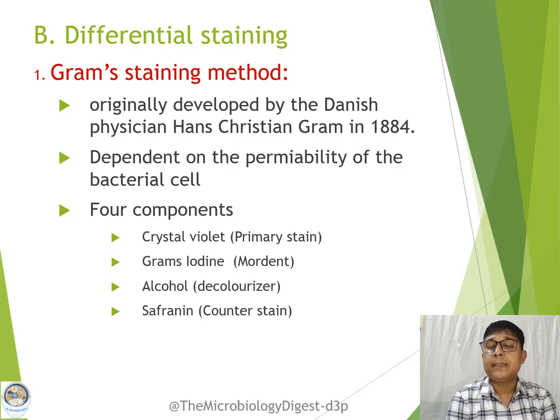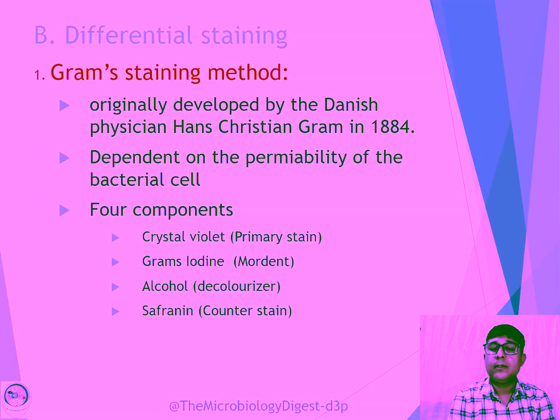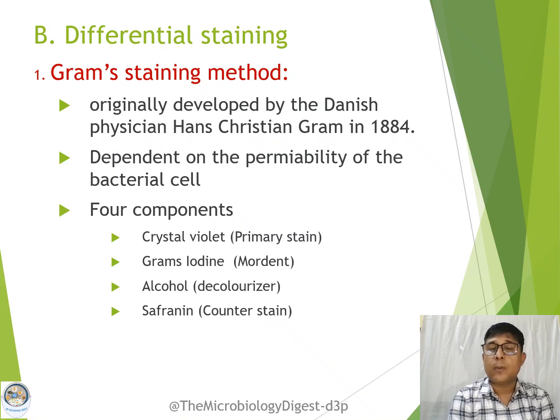Next is the differential staining method. Under differential staining, the first method is the gram staining method. This method was developed by the Danish physician Christian Gram in the year 1884. This staining method depends on the permeability of the bacterial cell wall to the stain. It has four components. The first is the primary stain, which is crystal violet.